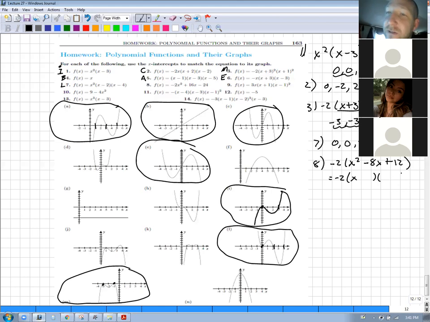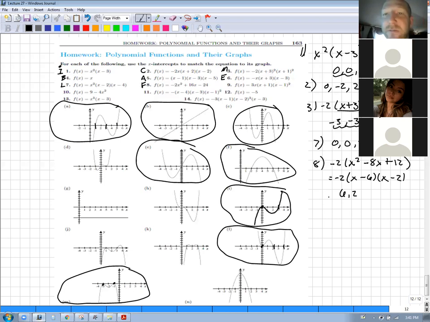Can we factor this just by eyeballing it? Let's see. 12, 6 and 2, or -6 and -2. That should work, right? Yeah, so our roots here are at 6 and 2. So it's going to be crossing at 6 and 2, which looks like F.